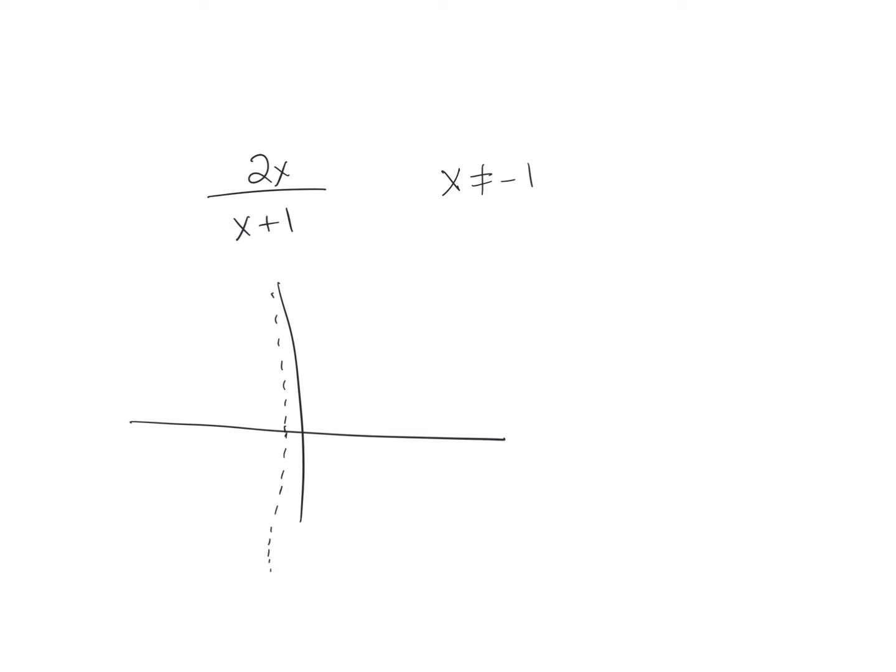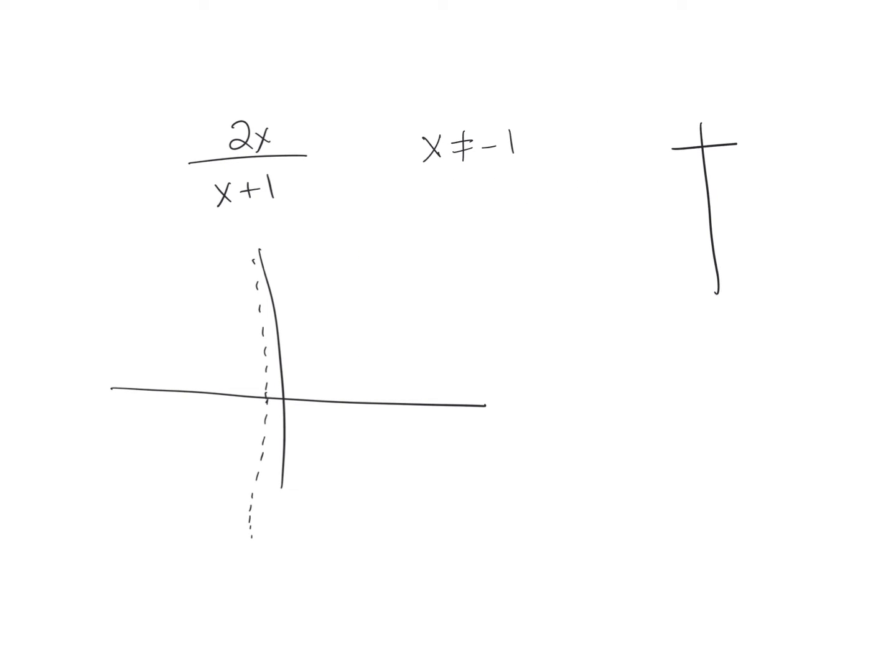If we were to plug numbers into a graph and plot them, when x is 0, y is 0, because you get 0 over 1. When x is 1, you get 2 over 2, which is 1. When x is 2, you get 4 over 3, so you have 4/3. When x is 3, you get 6 over 4, so 6/4, which is 1 2/3.